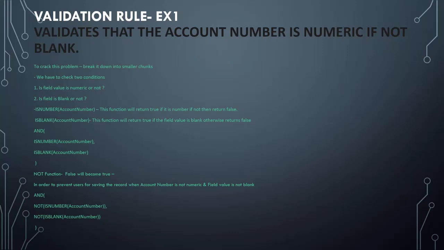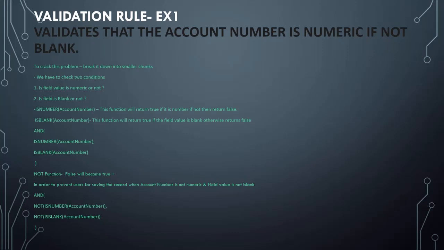Salesforce has provided functions that we can use to build our expression in validation rules. We can use ISNUMBER. This function returns true if the particular field contains a number. Otherwise, it will return false. The ISBLANK function we can also use.